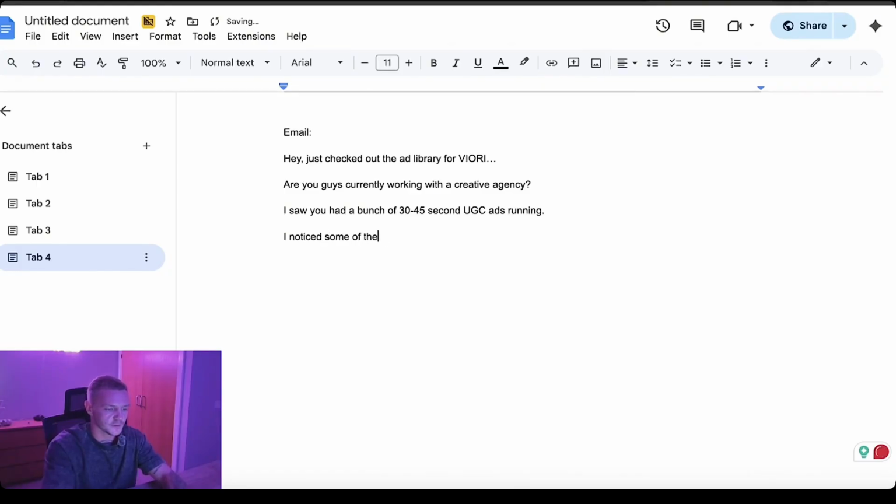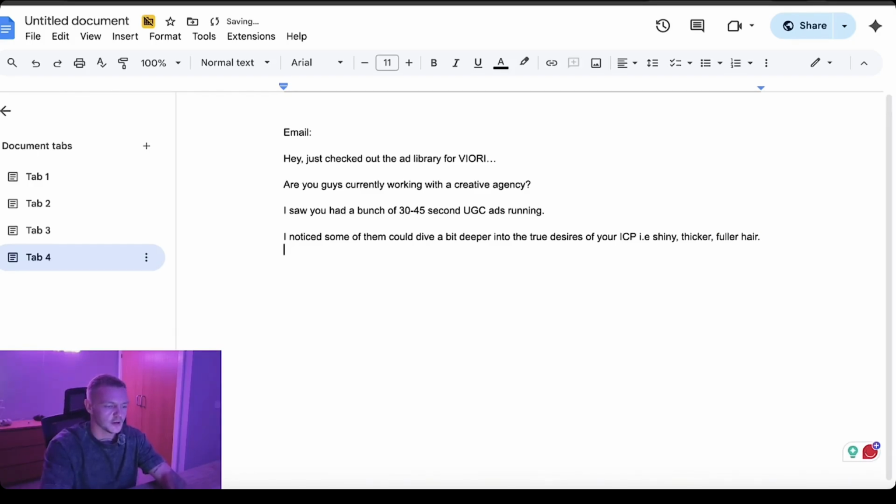I noticed some of them could dive a bit deeper into the true desires of your ICP, i.e. shiny, thicker, vibrant hair. That sounds like ChatGPT. Shiny, thicker, fuller hair.